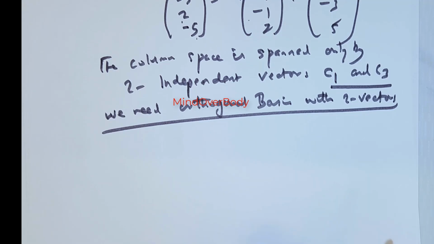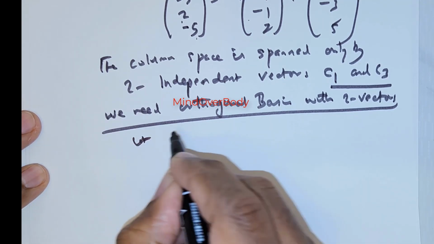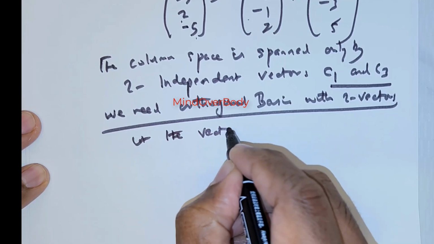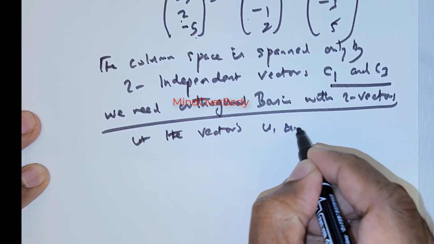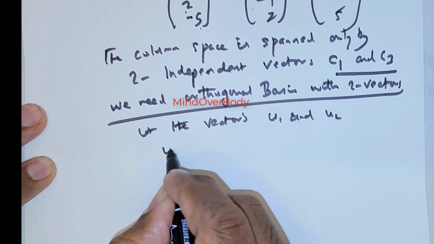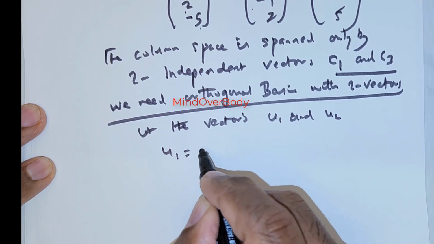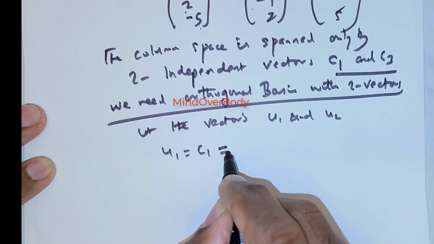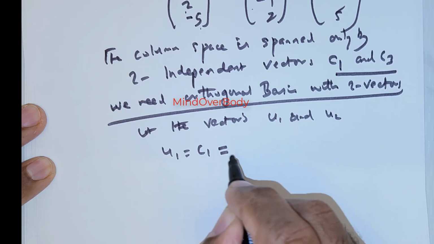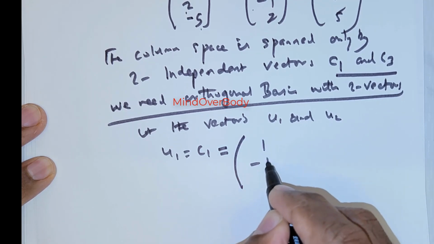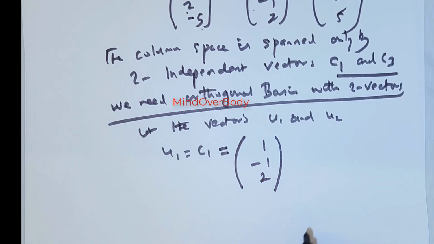Having given you that statement, let the vectors be u1 and u2. Now clearly u1 is going to be equal to C1, which in turn is equal to 1, -1, and 2. Now we need to extract the orthogonal vectors. So how do we do that?